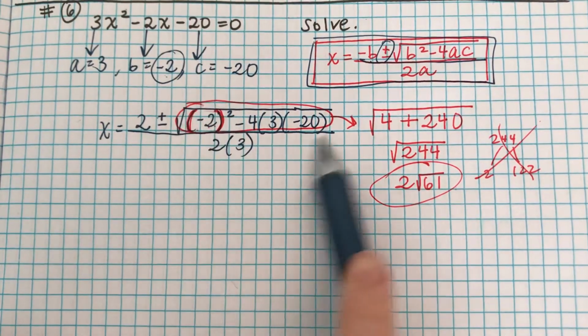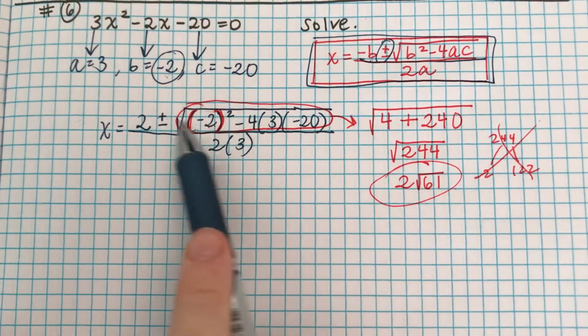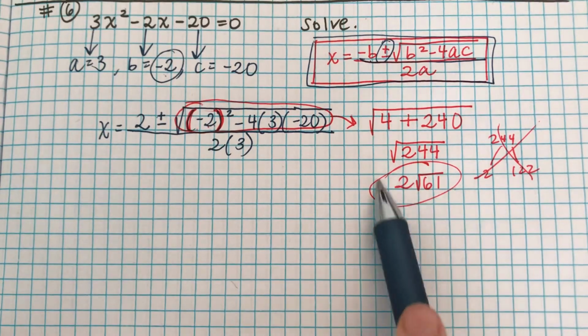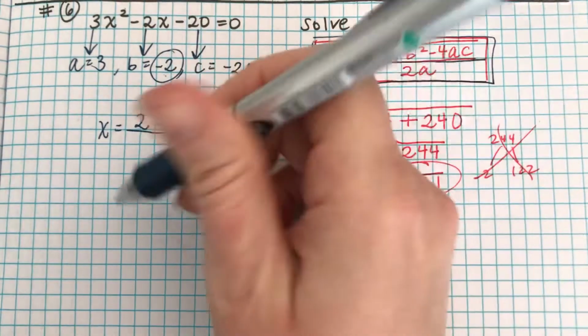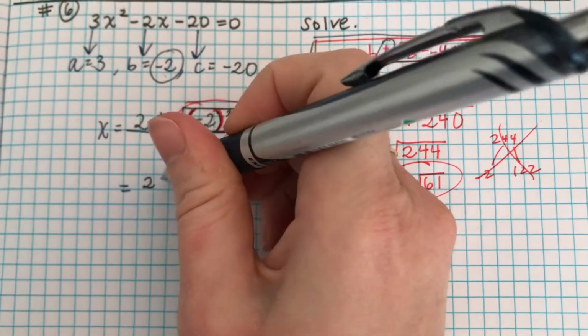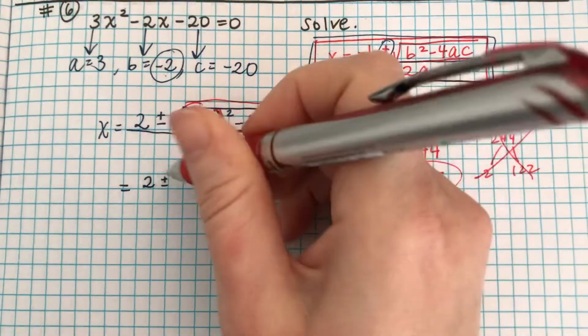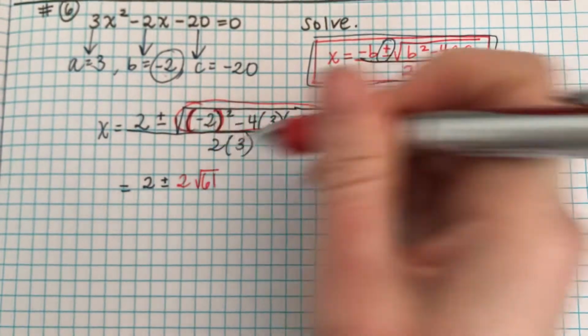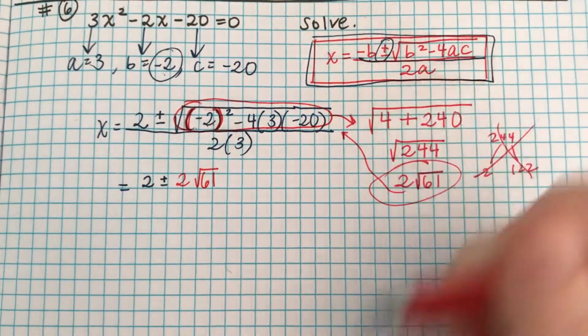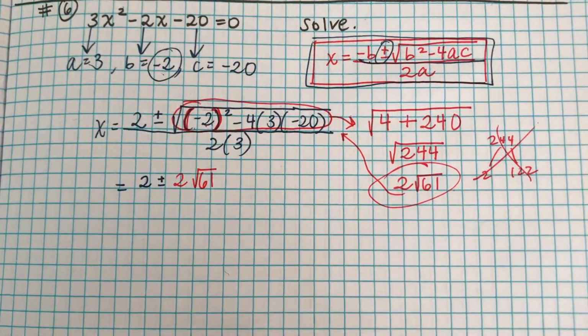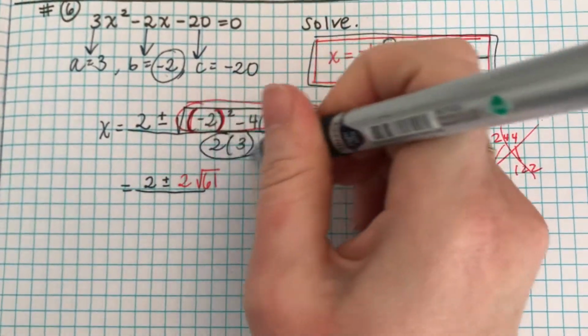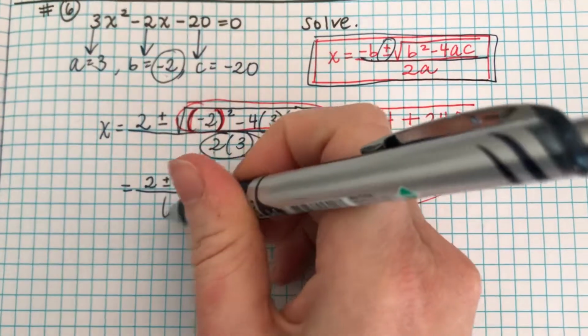We just want to recopy everything, but instead of writing this whole entire square root, I'm just going to replace that with 2 times the square root of 61. So we'll have 2 plus or minus 2 root 61, and then I'm dividing everything by 2 times 3, which is 6.